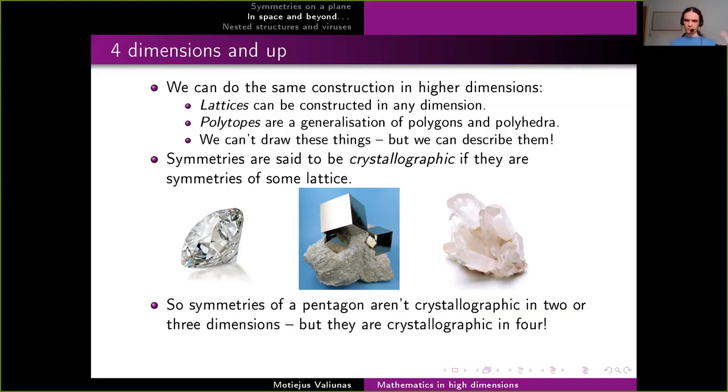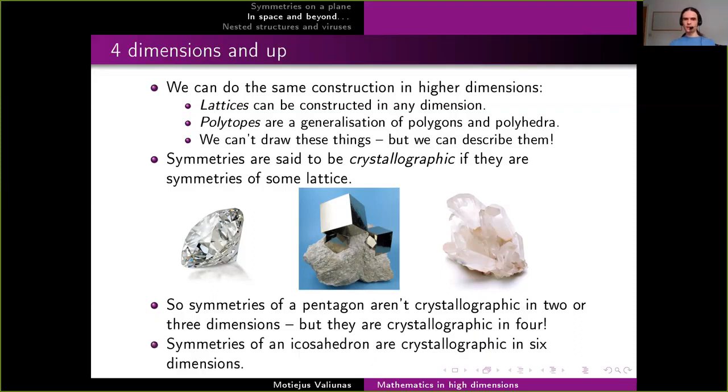It has more things. So 4 dimensions are not enough, but 6 dimensions, it turns out that 6 is the number that we need. So we can have a symmetric object in 6 dimensions which has the same symmetries as an icosahedron.